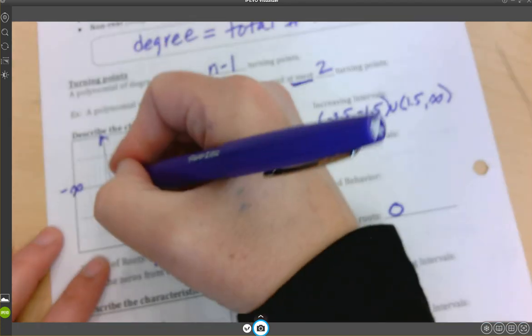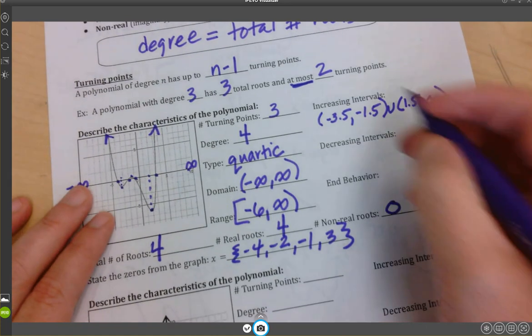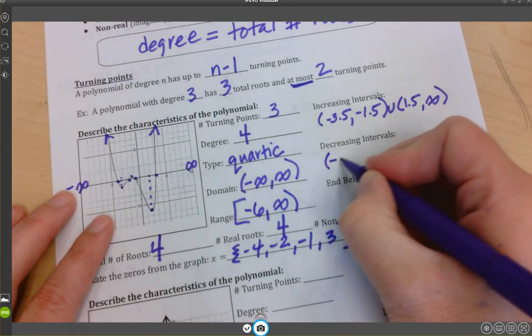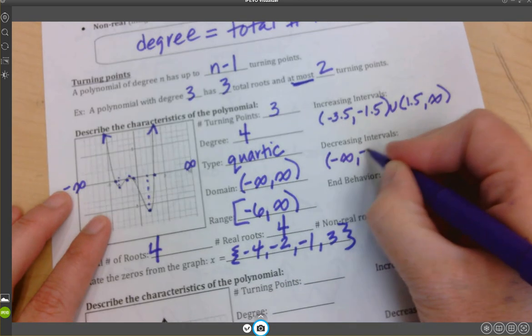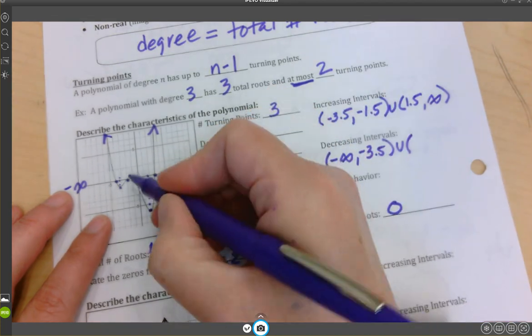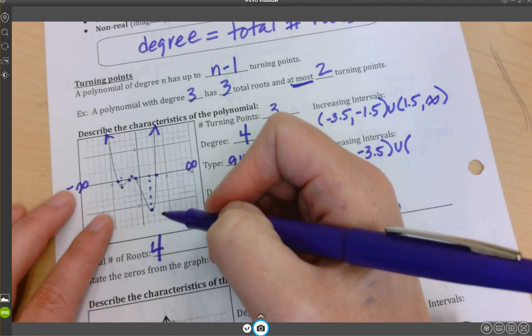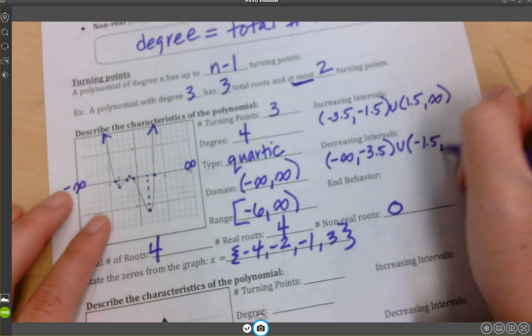Decreasing intervals, this one is decreasing, and this one, okay? So, decreasing from negative infinity until here, which was negative 3.5, and I'm decreasing here as well from negative 1.5 to positive 1.5.